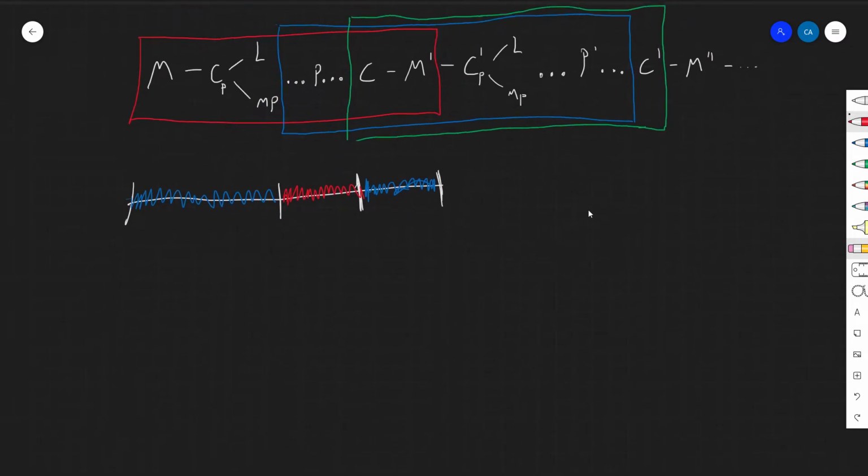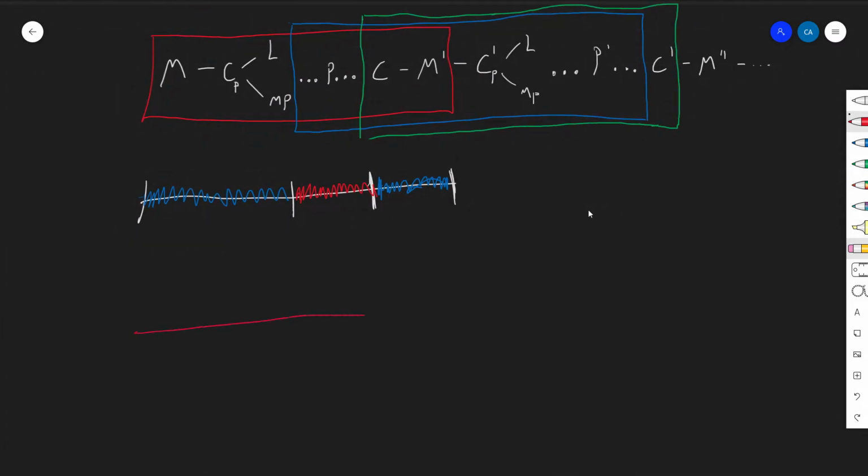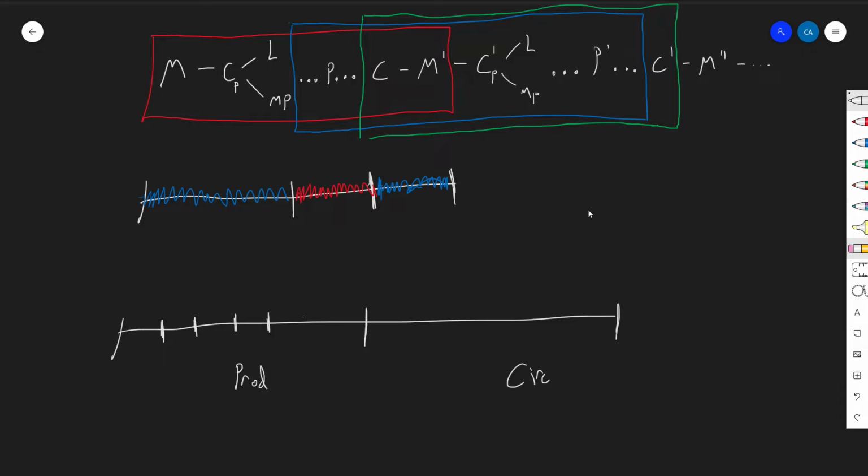So within the actual productive period, I'll divide it up like this: I'll put all the production here, and all the circulation over here, C for circulation. You have periods where the workers are active, and periods when they're not, and we can divide that up too.